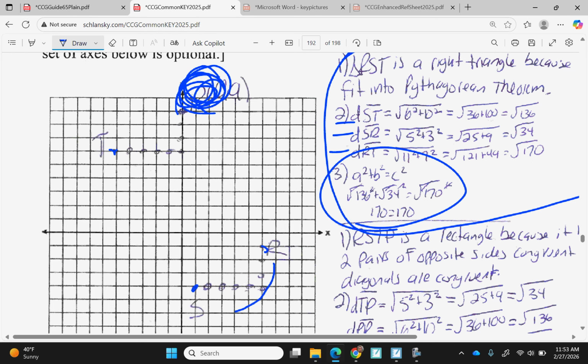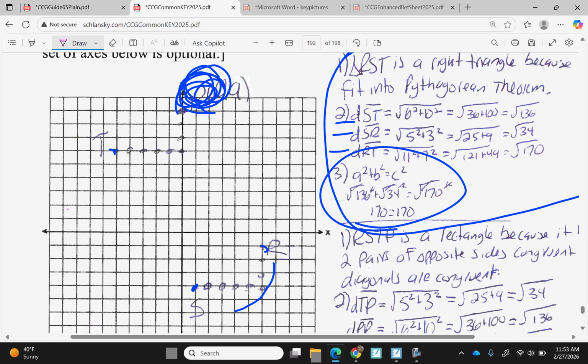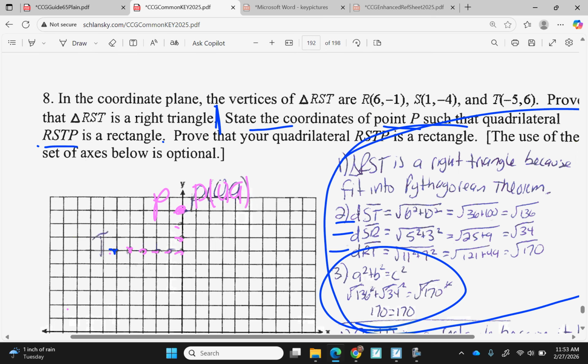Whatever I do to get from S to R, I'm going to do the same to get from T to P. So from S to R, I'm going 1, 2, 3, 4, 5, 1, 2, 3. That's my point P. I state the coordinates of it because it said to state the coordinates of it. And now I have point P. Done with that part of the problem.